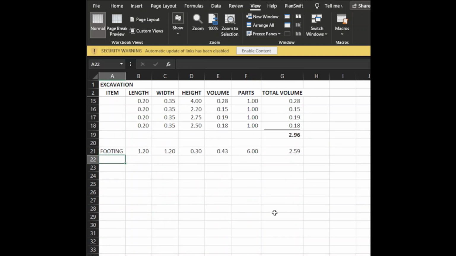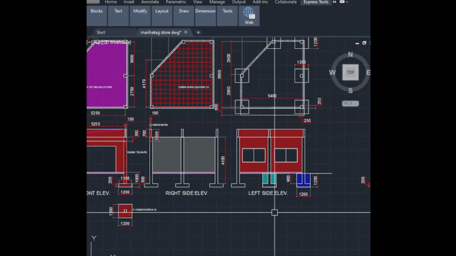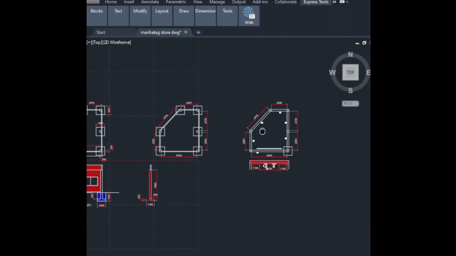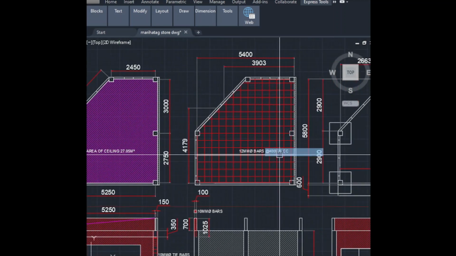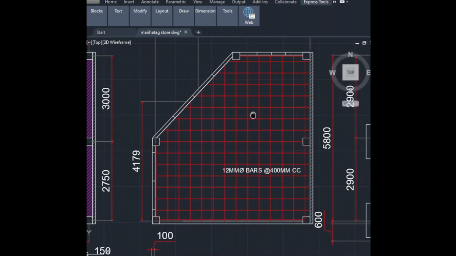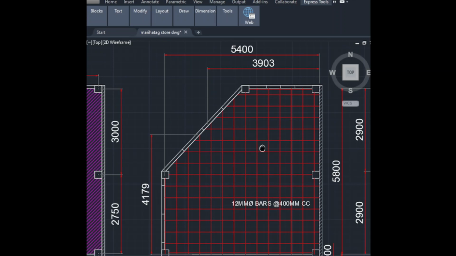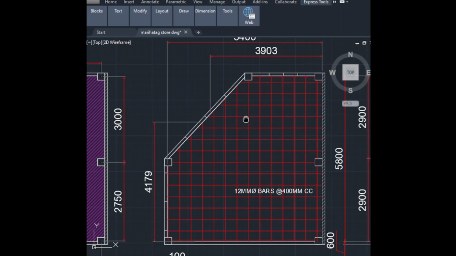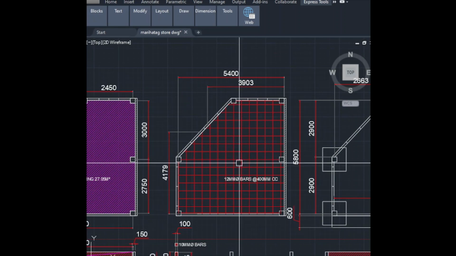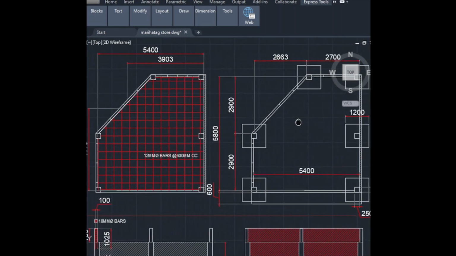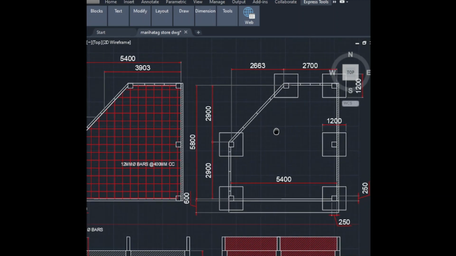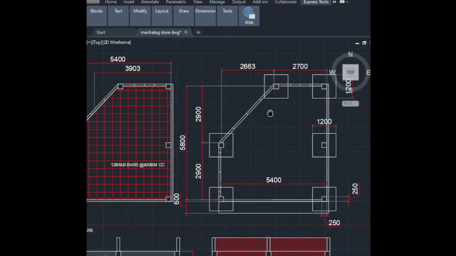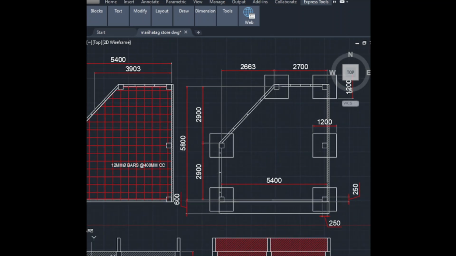And the other one is the slab. For our slab, we can get from here, excuse me guys.